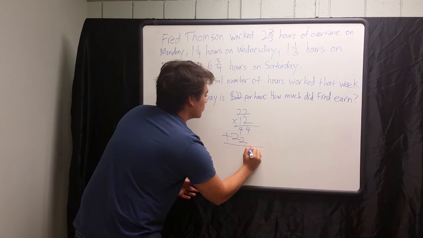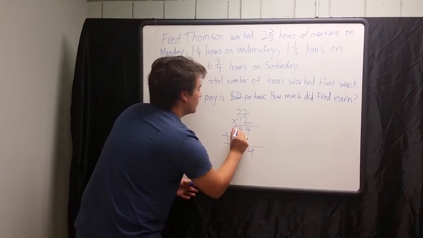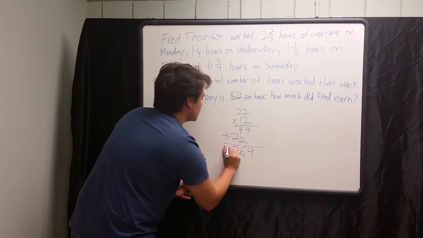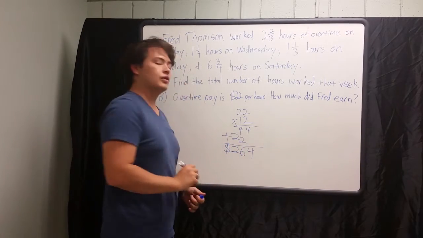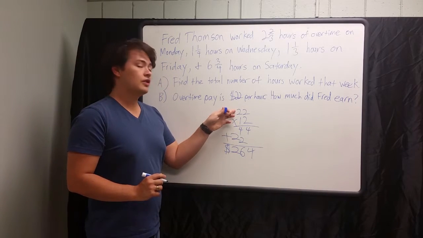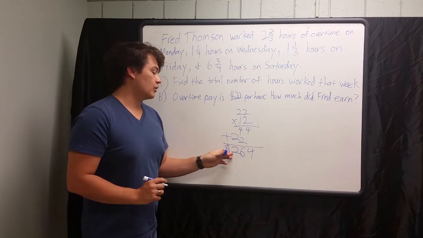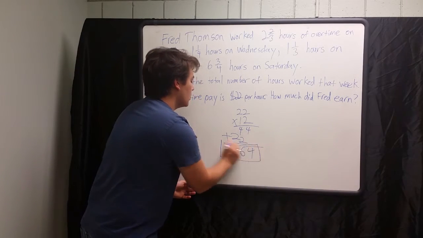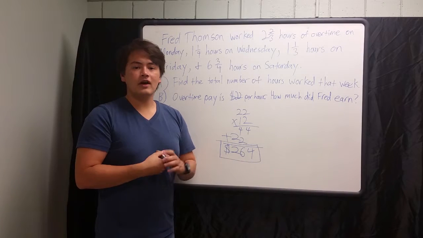Add those together. 4 plus nothing is 4, 4 plus 2 is 6, and 2 plus nothing is 2. So in total, Fred has worked 12 hours at $22 per hour to earn a total of $264 in overtime. And this is going to be my final answer.